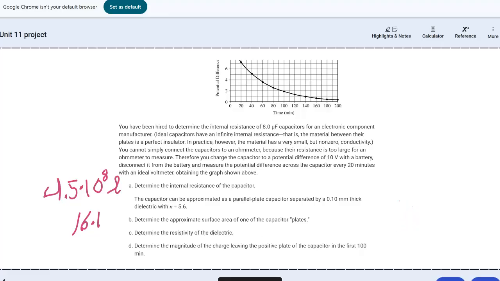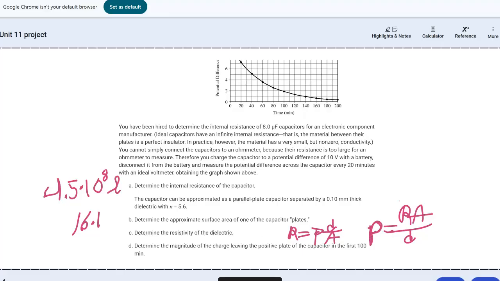Okay. Now we're going to determine resistivity. Well, our resistivity, that's rho, and R equals rho D over A, so resistivity equals R A over D, and this I believe is rho.